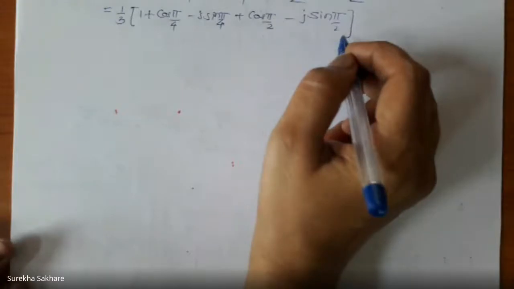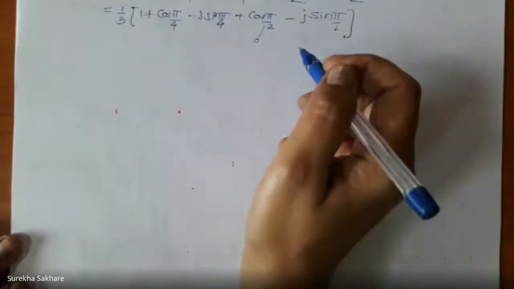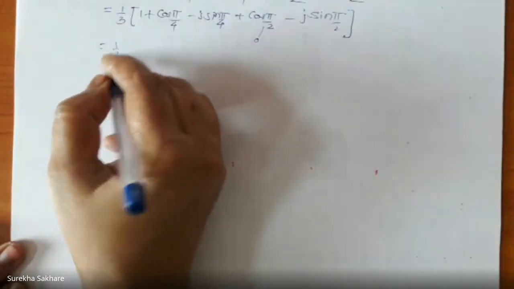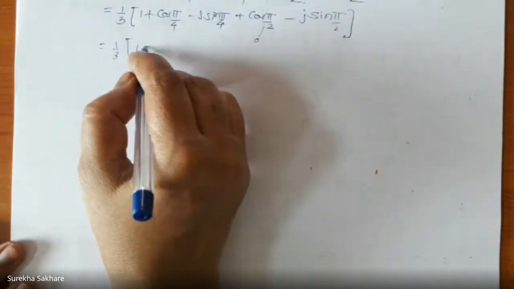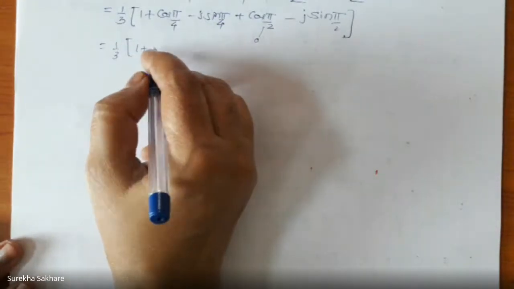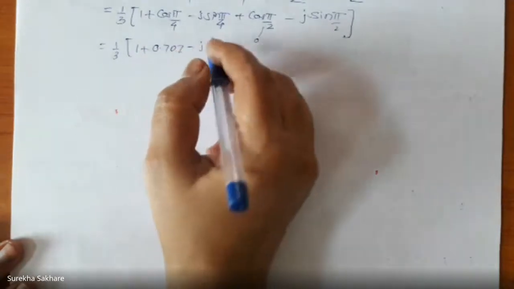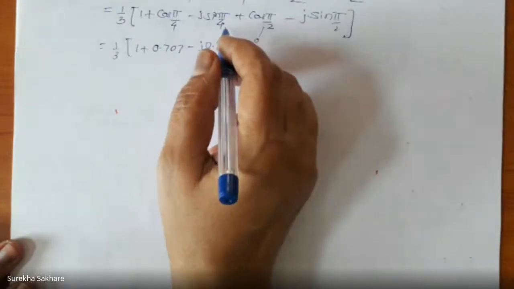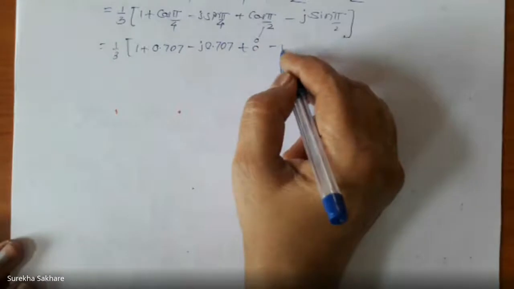Cos pi by 2 is 0. So what you have is 1 by 3, then 1 plus cos pi by 4 is 0.707. You can calculate on the calculator. Minus j 0.707. Sin 45 and cos 45 are same. Plus this is 0. Minus j sin pi by 2 is always 1. So it's going to be 1.